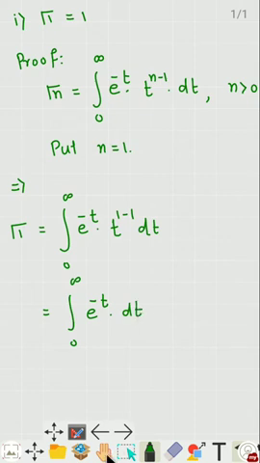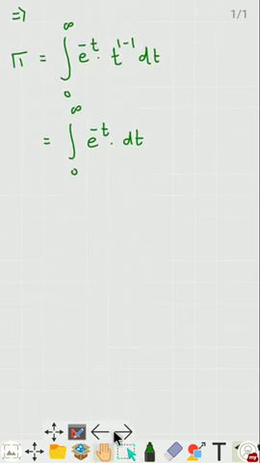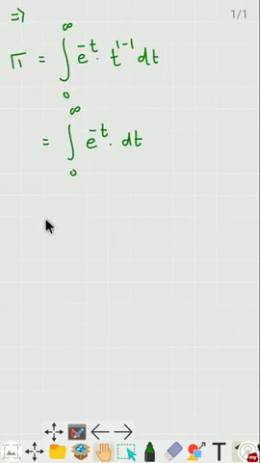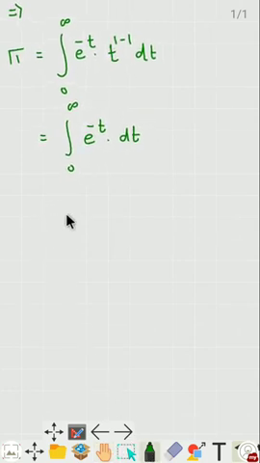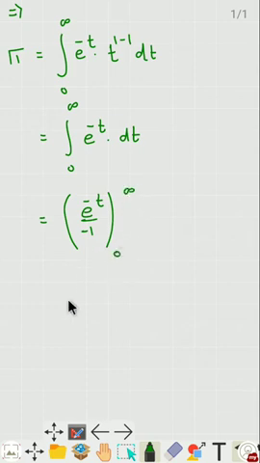Now solve this integration and see what is the value of gamma 1. The integration of e raised to the power minus t is e raised to the power minus t upon minus 1, over 0 to infinity. So we take the minus sign outside, and inside the bracket e raised to the power minus infinity minus e raised to the power minus 0.